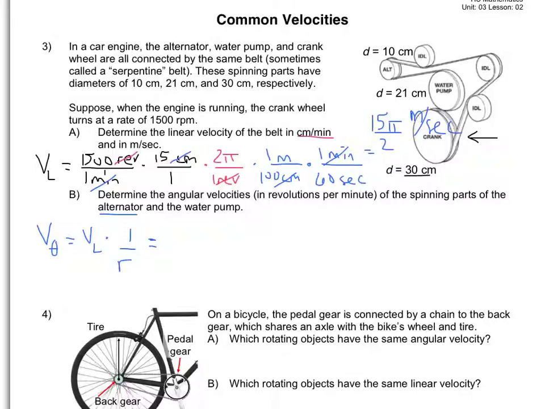So the 15 pi meters per 1 second times, now you can use the other one if you want, or the centimeters per minute, that would probably be the best one, but since I have this already set up, the radius of the alternator is 5 centimeters, so I'll do 1 over 5 centimeters.